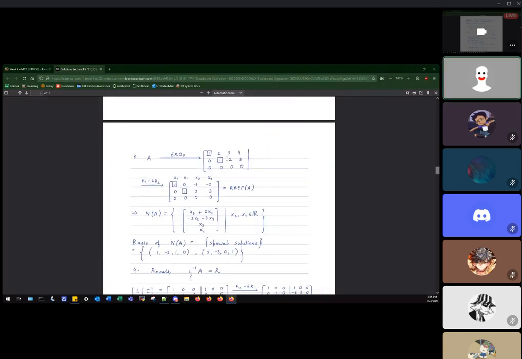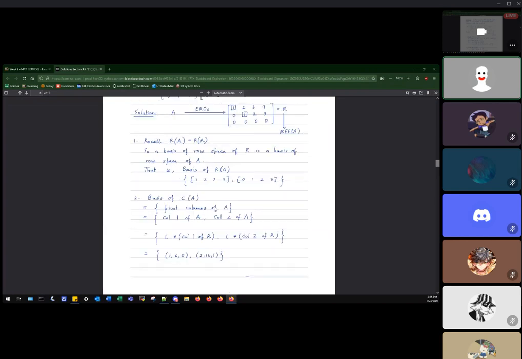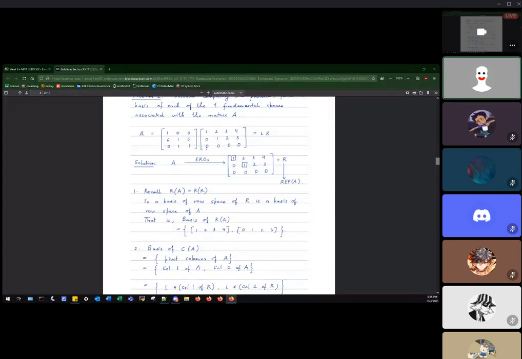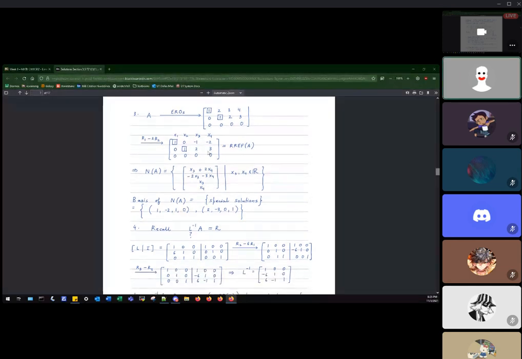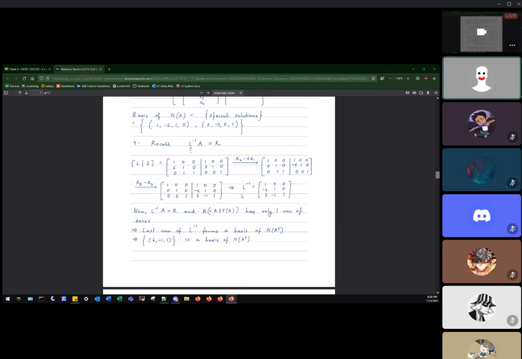And so we can find the null space of the first matrix by setting the free columns, which are 3 and 4, equal to 1, 0, and 0, 1, and just solving some equations. You'll find that the null space is 1, negative 2, 1, 0, and 2, negative 3, 0, 1.